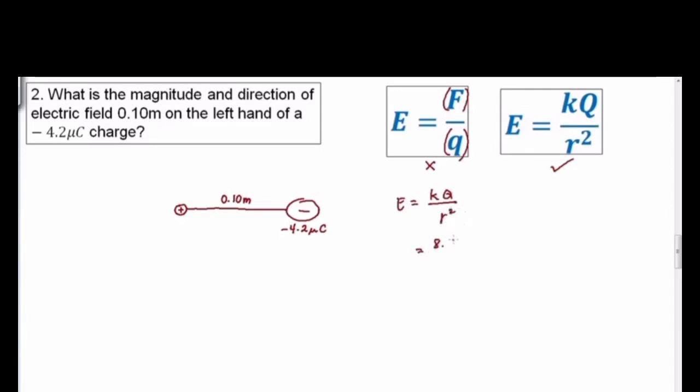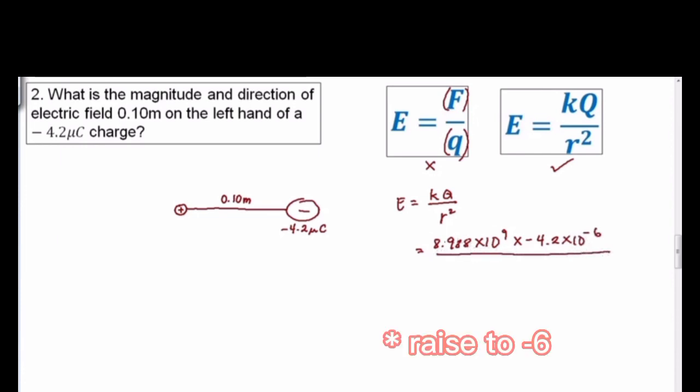So, E is equal to 8.988 times 10 to the power of 9 times, binigay yung charge ay negative, so negative 4.2 times 10 to the negative 6, microcoulomb, all over, ito yung r, distance, 0.10 m.